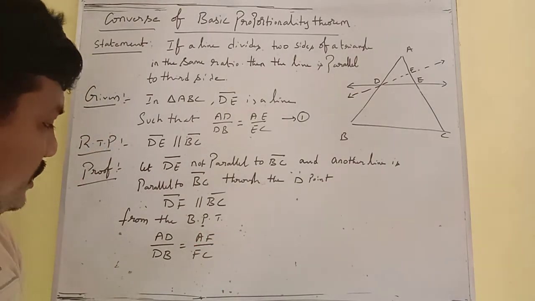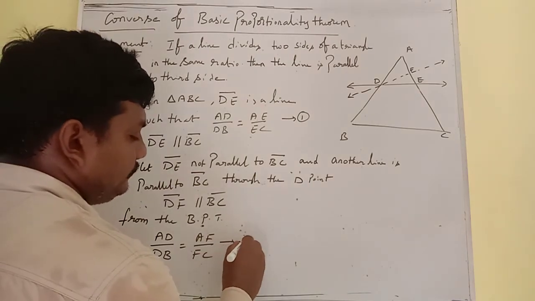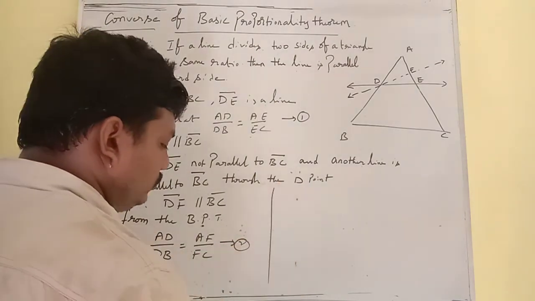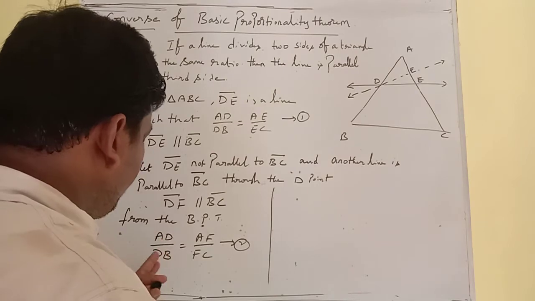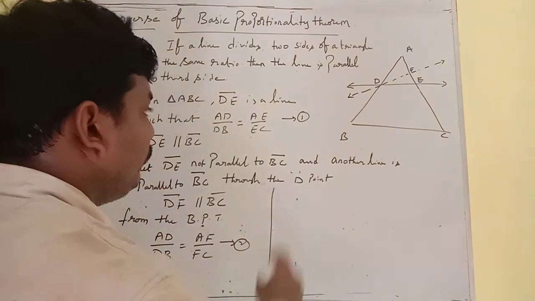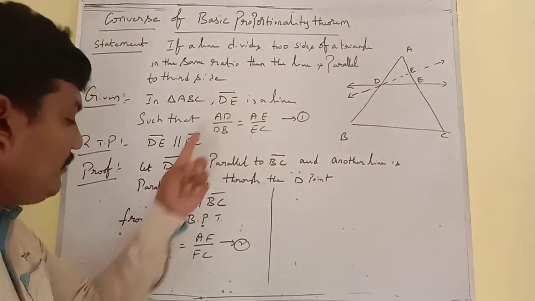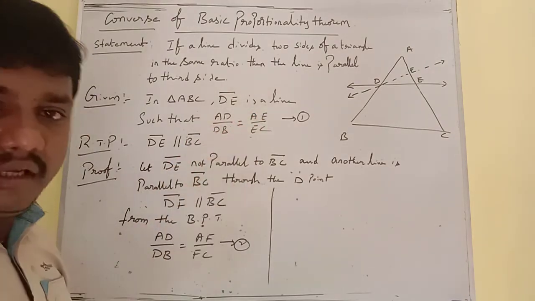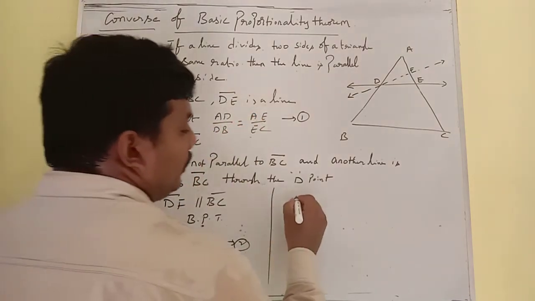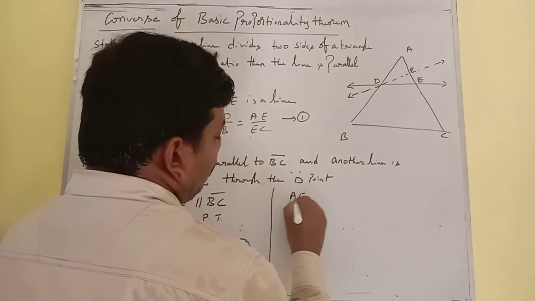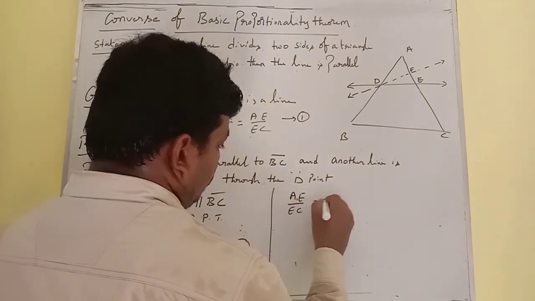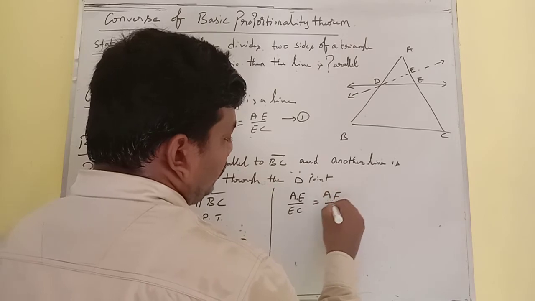Let me consider this as second. Now AD by DB is equals to AF by FC. From first and second equations, LHS should be equal, AD by DB and AD by DB, then automatically RHS is equal. So therefore AE by EC is equals to AF by FC.